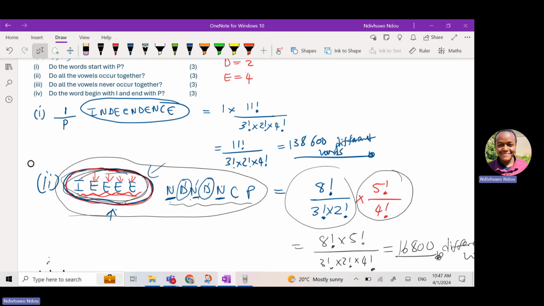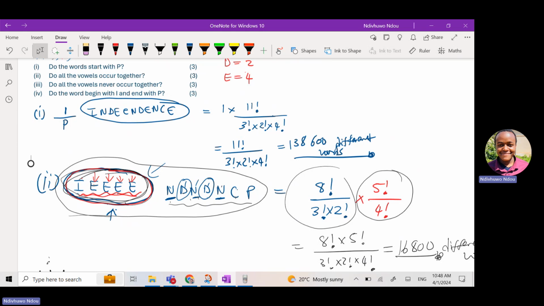Basically, what we do is we calculate the total number of different arrangements, the total number of possible arrangements. Then from that total, we subtract the arrangements when the vowels are together, so that we can get the answer for the arrangements when the vowels are not together.